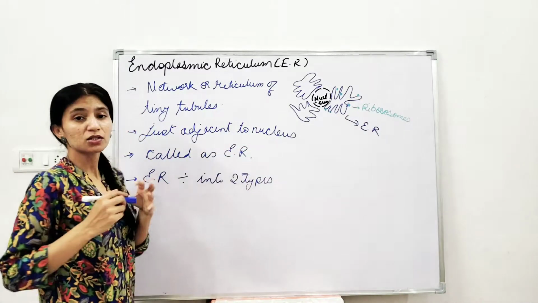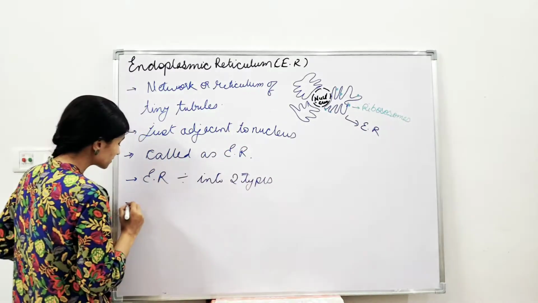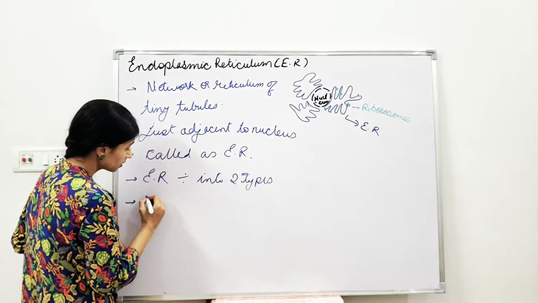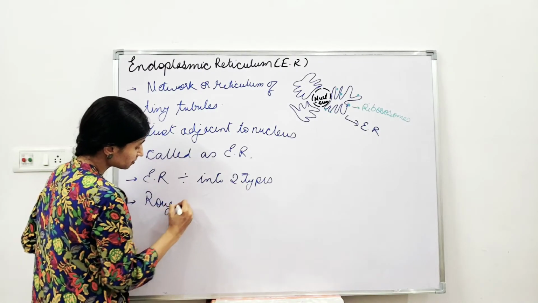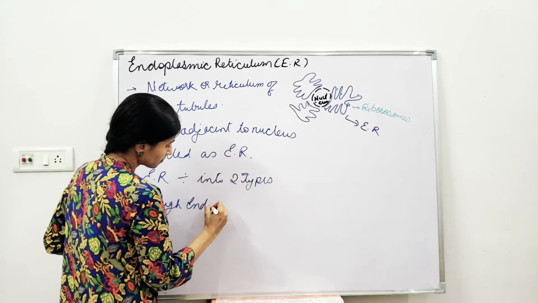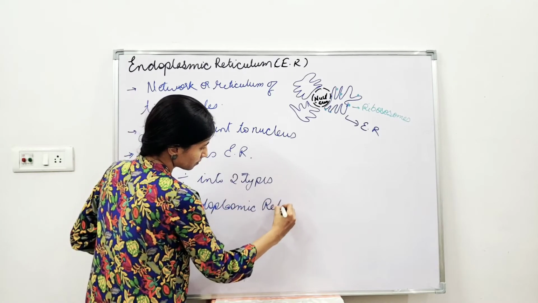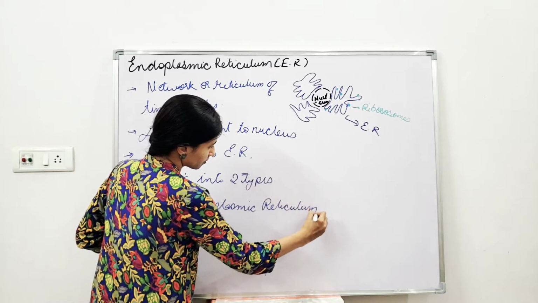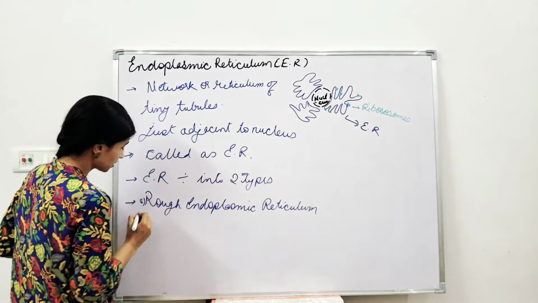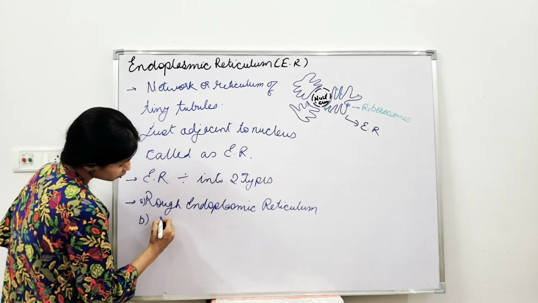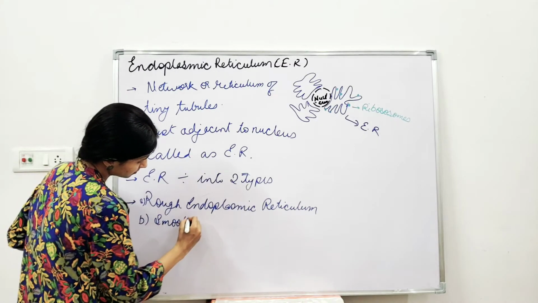On the basis of the presence or absence of ribosomes, the endoplasmic reticulum is called rough endoplasmic reticulum and smooth endoplasmic reticulum.